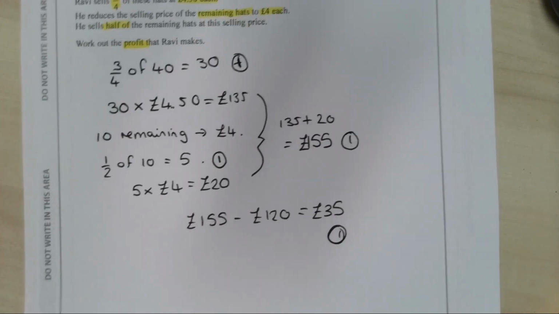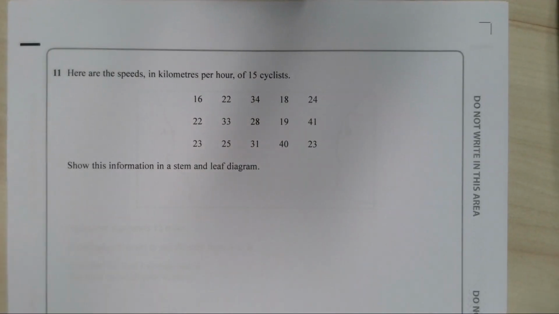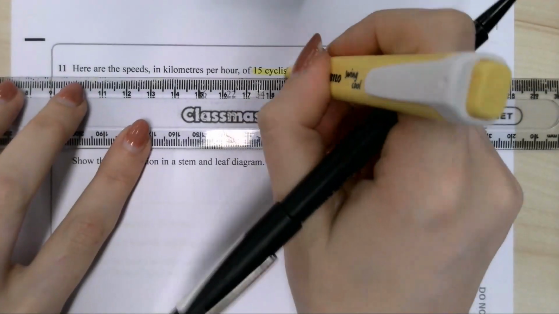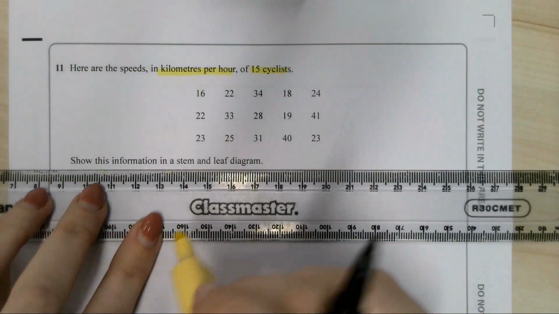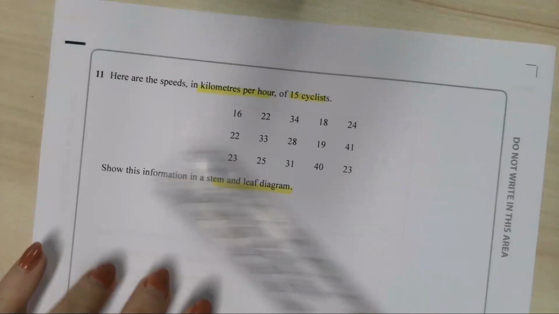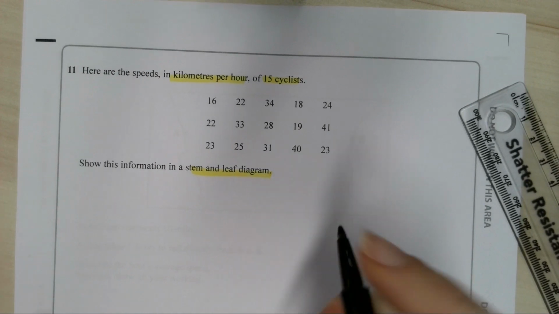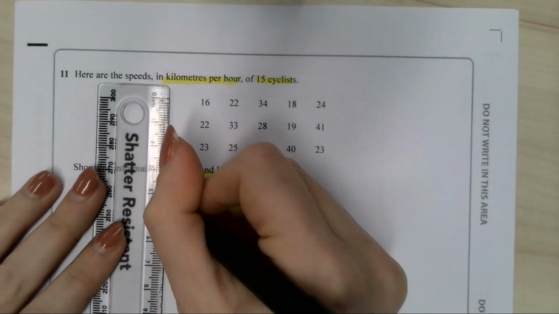Question 11. Here are the speeds in kilometres per hour of 15 cyclists. You might need to know that. Show this information in a stem and leaf diagram. So stem and leaf looks something like this.